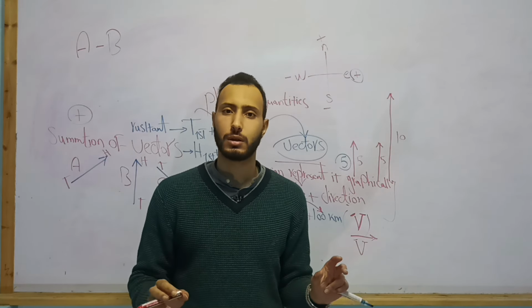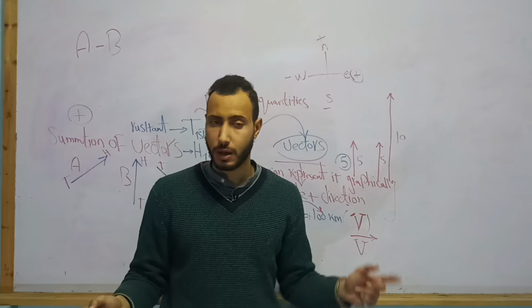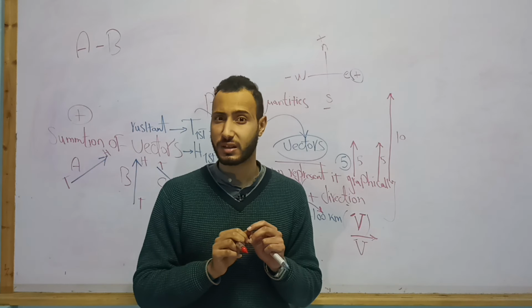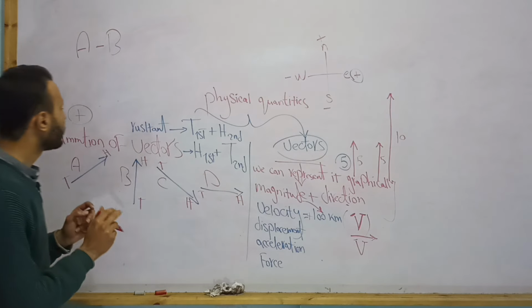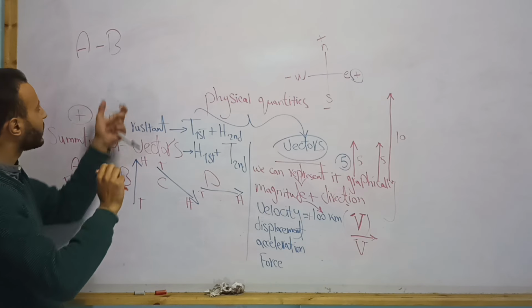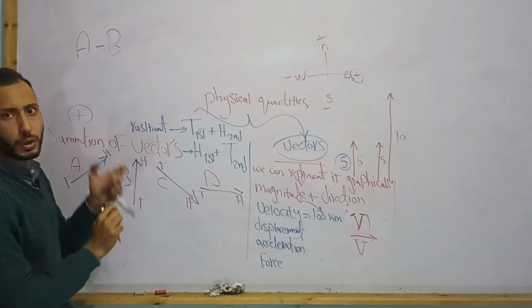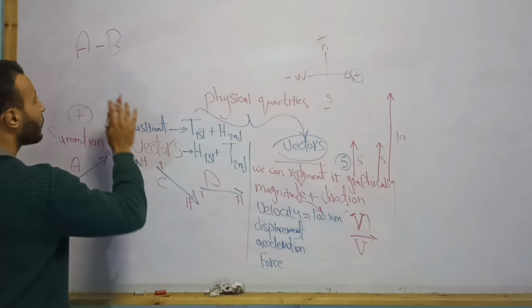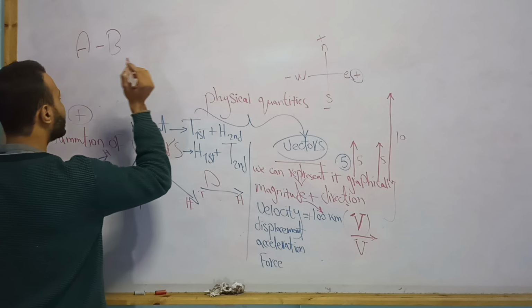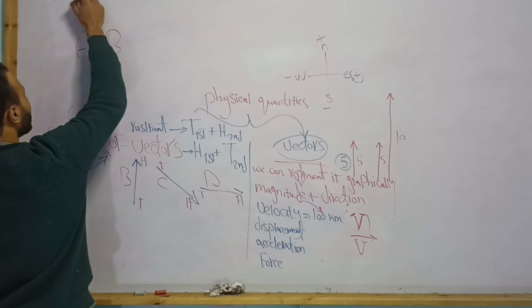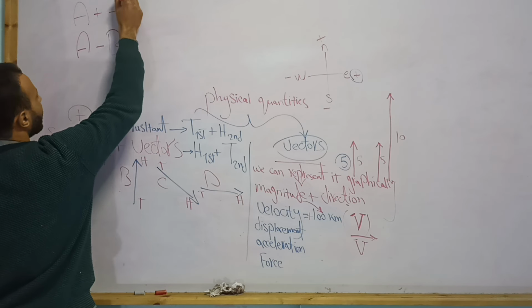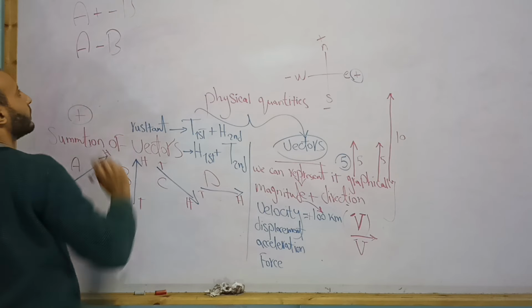We use the same rule. What's the same rule? The head of the first vector with the tail of the second vector. So what's the difference? The difference is only that we take the opposite direction of the second one. What I mean by that? You know that A minus B is the same as A plus negative B.